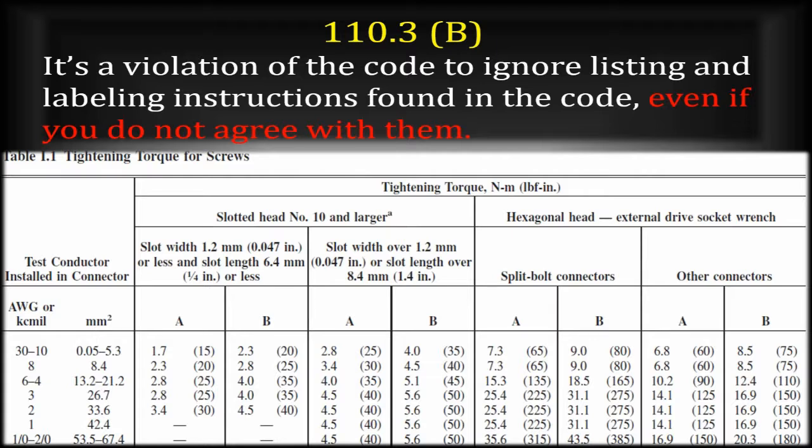The torque specs are something that oftentimes get overlooked, and I hear service technicians or installation crews kind of chuckle when we start talking about them, but they are important. They're there for a reason, and even though you might not agree with them, you are supposed to be following even the torque specs.